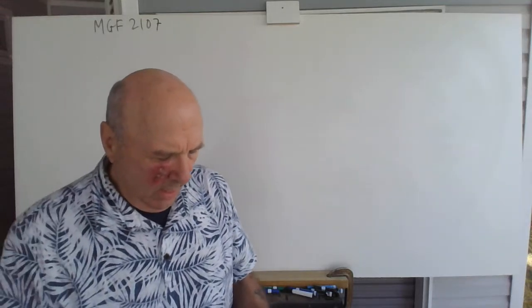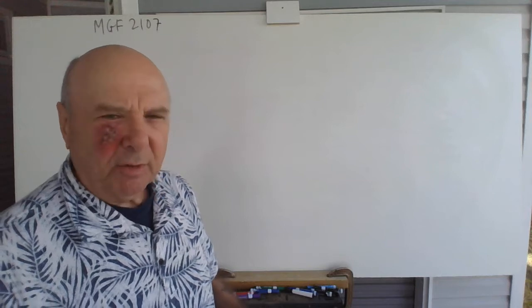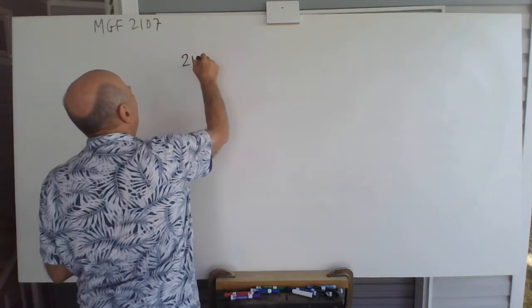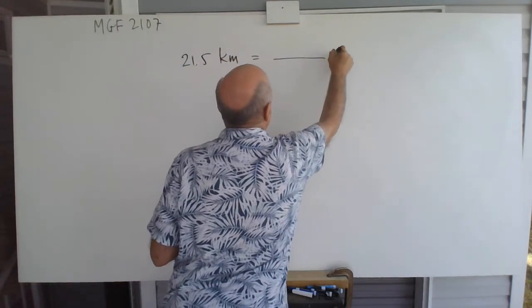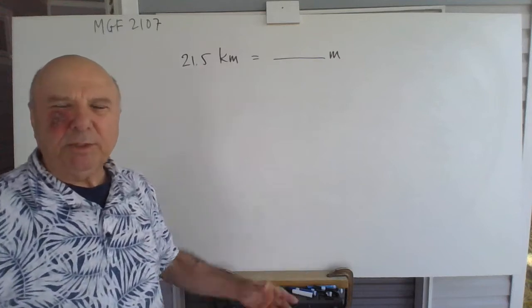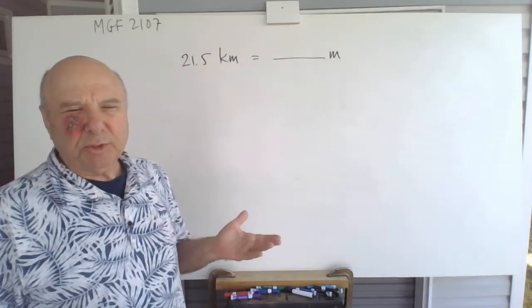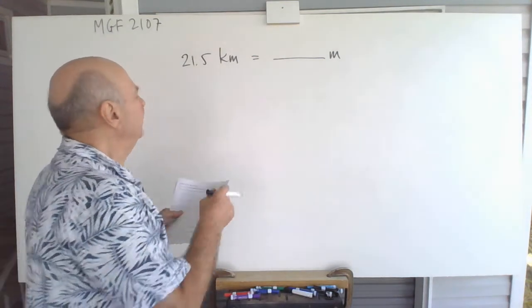Suppose I wanted to change 21.5 kilometers to meters. So that's the question. How do I change 21.5 kilometers to meters? Well, this one's straight up. You could just change the K to 1,000.